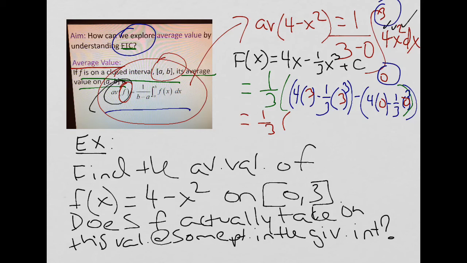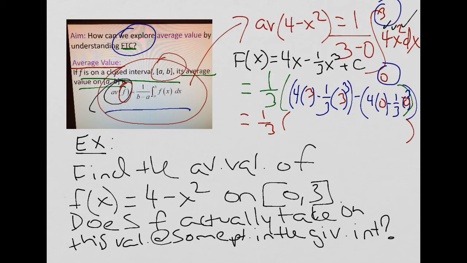So the 1/3 is still on the outside. I had green before to indicate the parentheses. Now on the inside, we have 12 minus 1/3 of 27, so that's actually just 9. So 12 minus 9 is 3. And we're subtracting 0, so this is just 3. So 1/3 of 3. Don't forget that you have to calculate the 0 part.